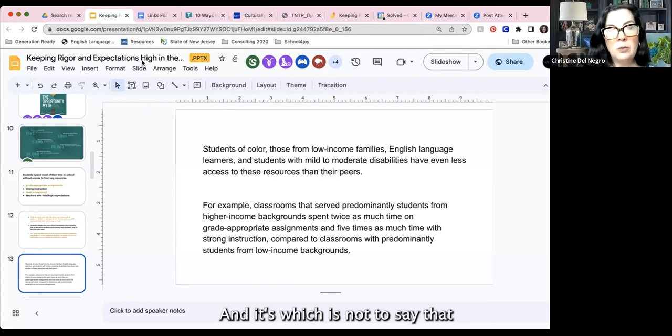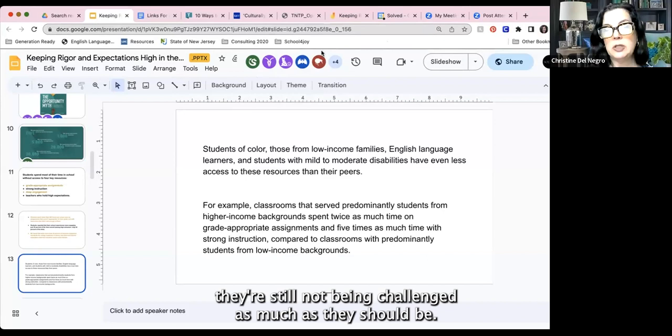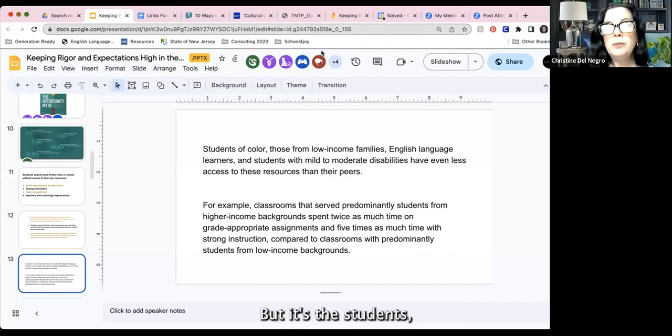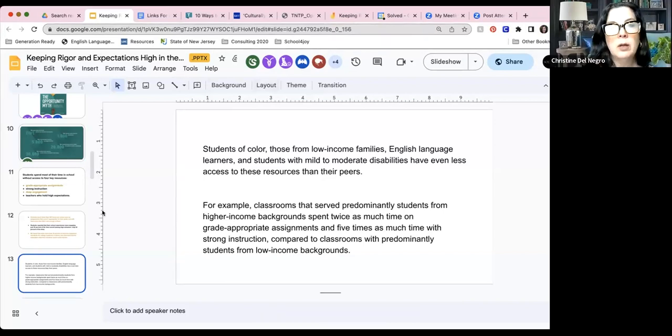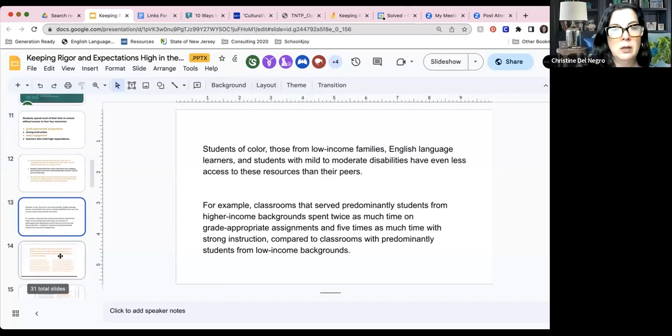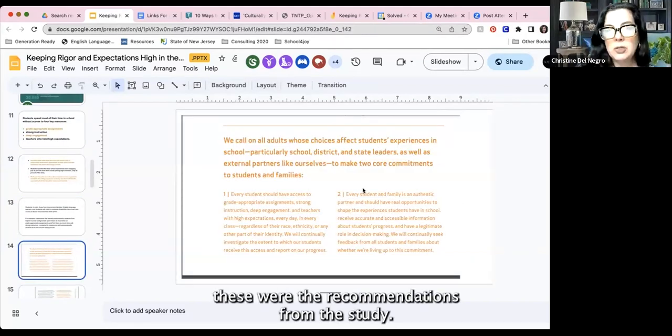Which is not to say that students from higher income backgrounds are still not being challenged as much as they should be. But the more marginalized students are being hit harder. And so these were the recommendations from the study.